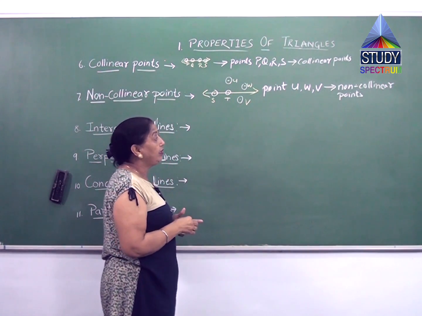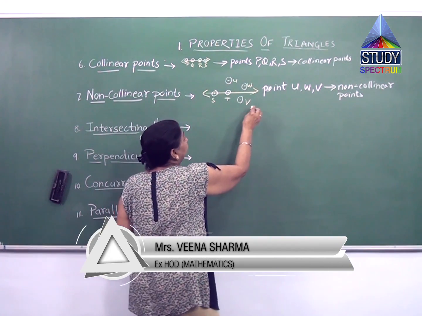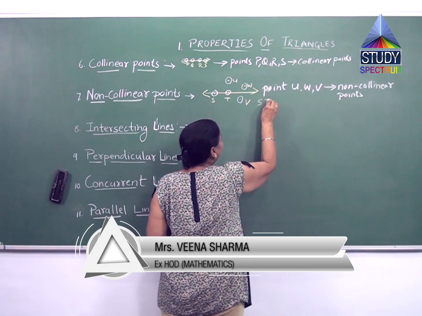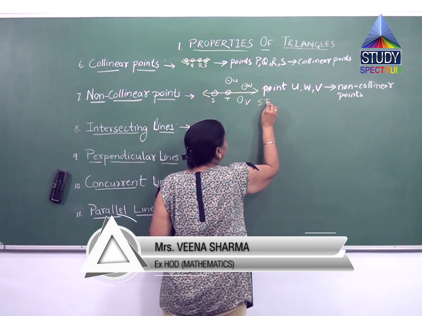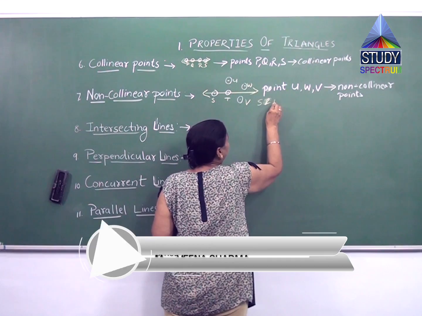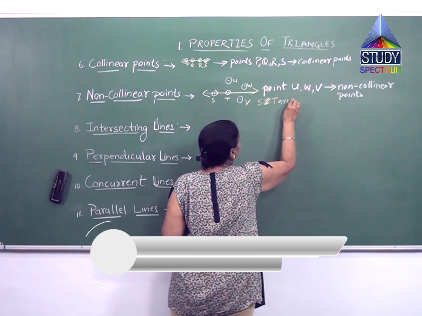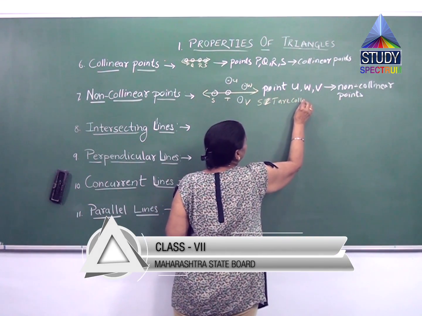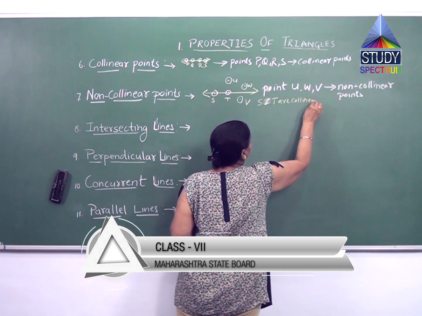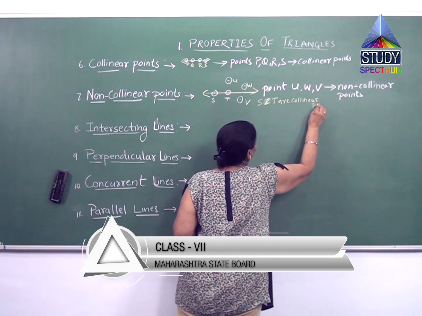Now which are the collinear points over here? S and T. So S and T are collinear points. Why are they collinear? Because they are on the same line, right?